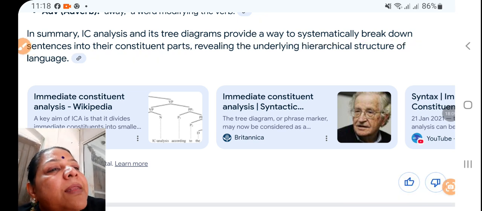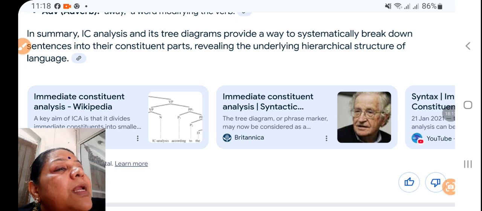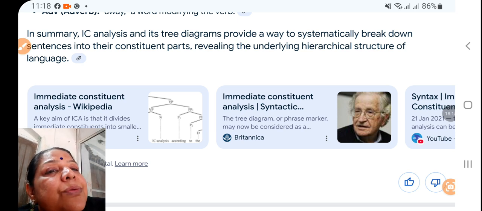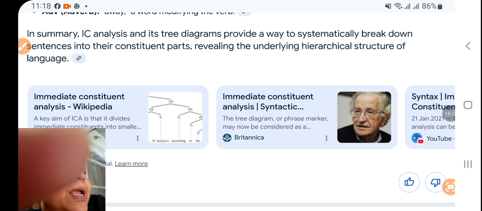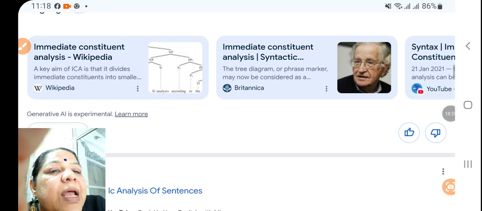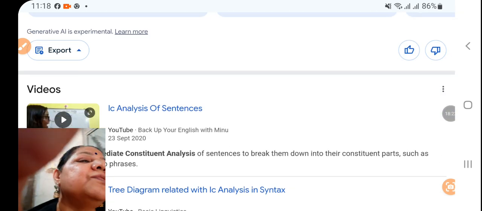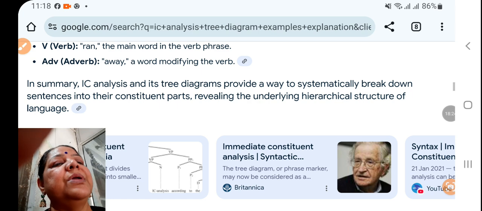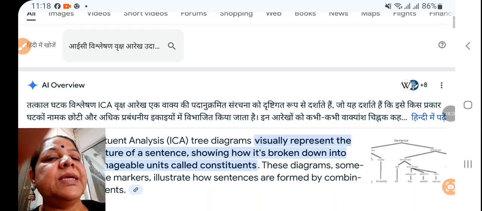Repeating, that is the way to systematically break down sentences into their constituent parts, revealing the underlying hierarchical structure of the language. So I think you must have got a little idea about IC analysis.